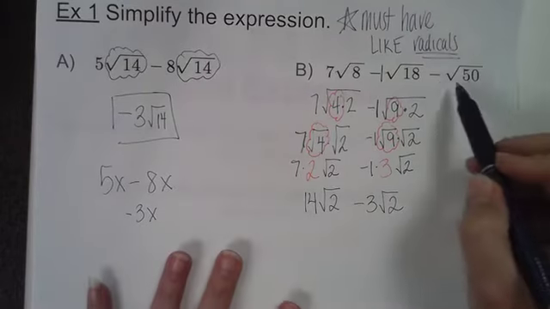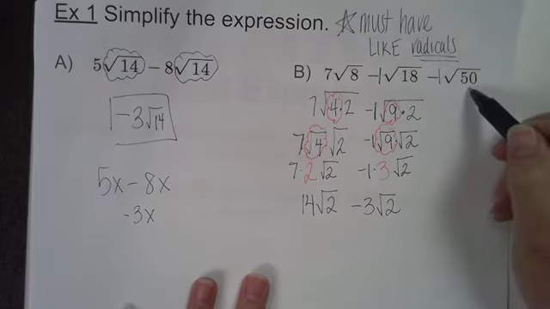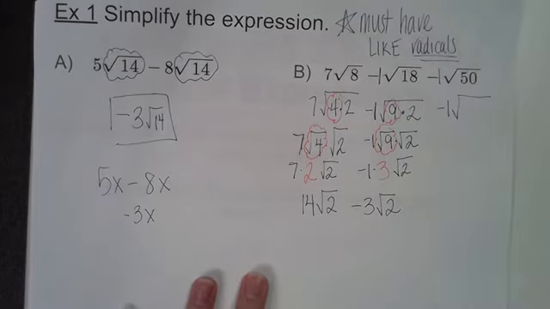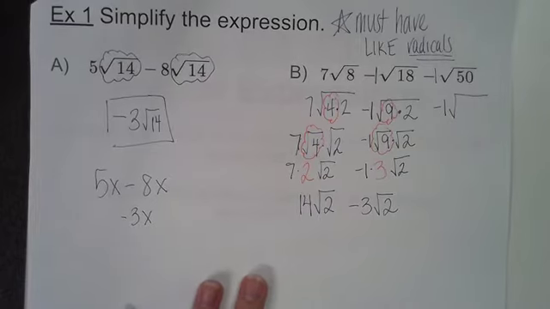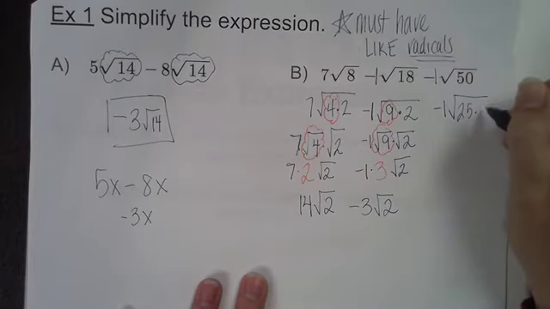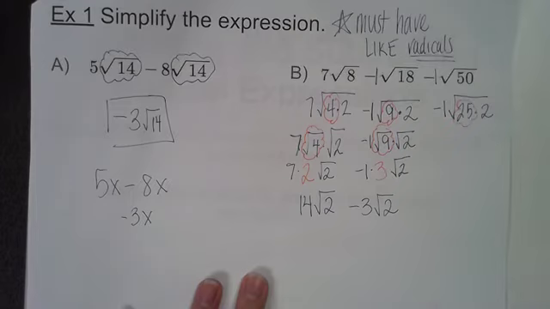All right, let's look at -1 radical 50. Again, radical 50. Ooh, what times what is 50? 25 times 2. Very good. 5 times 10 is good, but 25 times 2 is better. Because why? Perfect square.